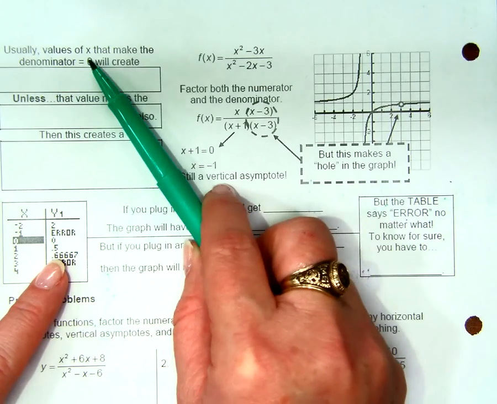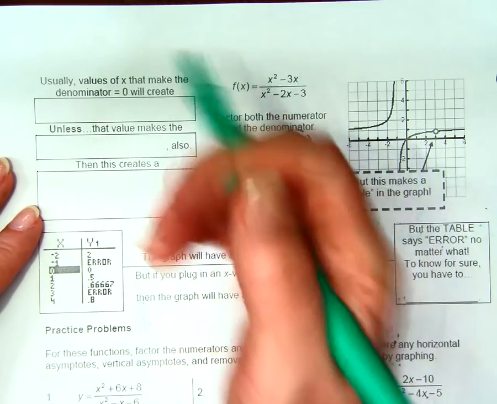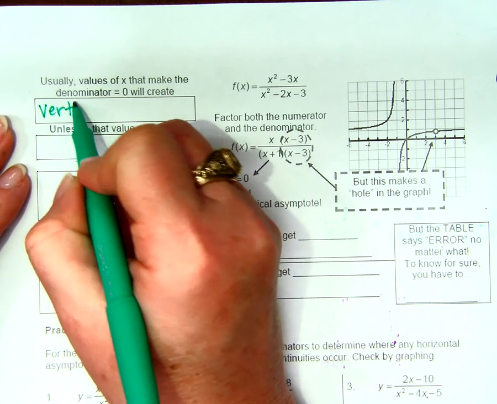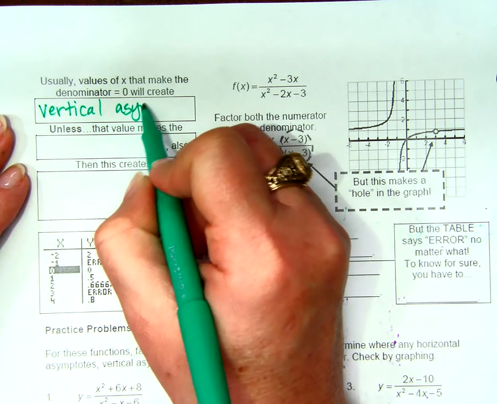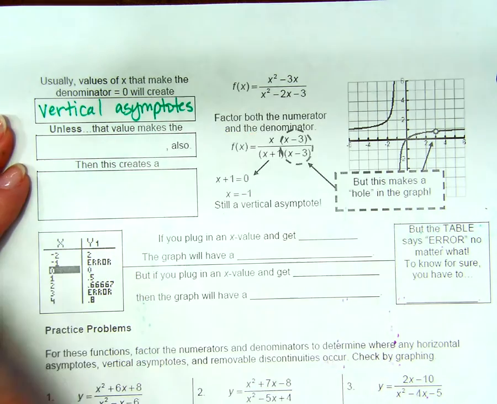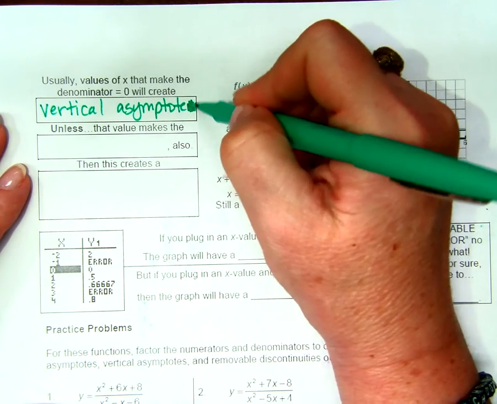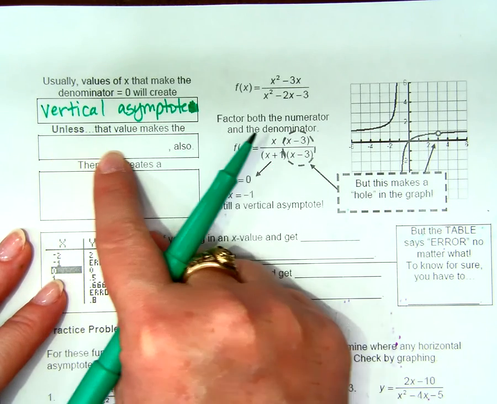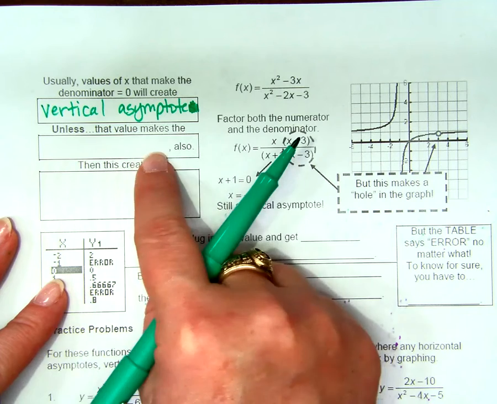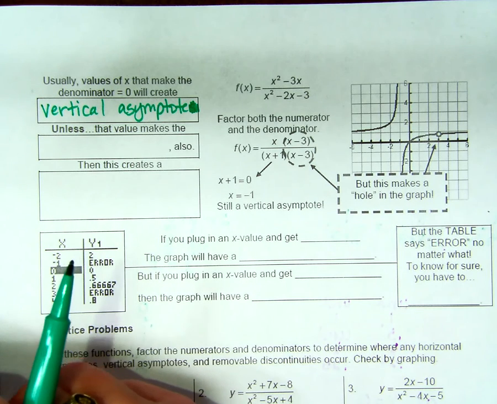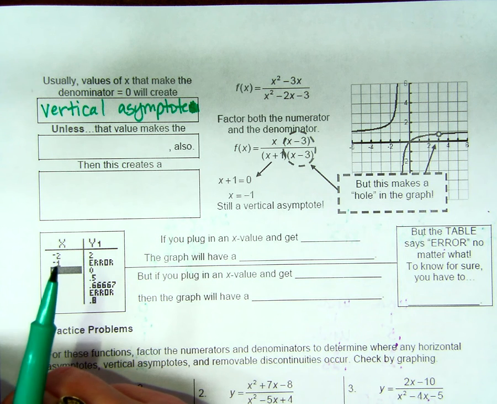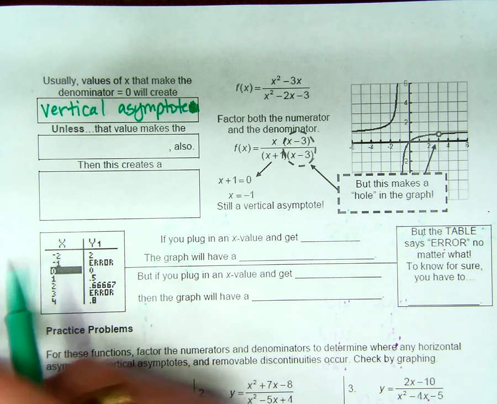Usually values of x that make the denominator equal to 0 will create what? What did we talk about all day yesterday? Okay. Or not plural, but at least one vertical asymptote, right? Unless that makes the, use your context clues and see if you can figure out what goes there. What'd you say? Nothing? Close. The numerator.